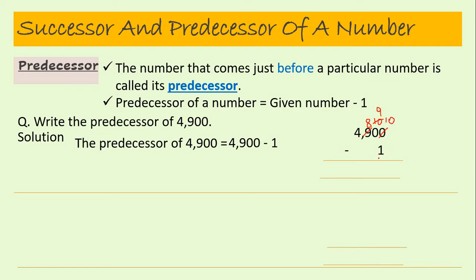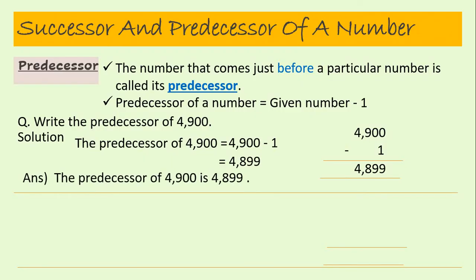Now 10 less 1 is 9. Right? And 9 less 0 is 9. And here we have 8. And here it is 4. Correct? 4899. Answer. The predecessor of 4900 is 4899.